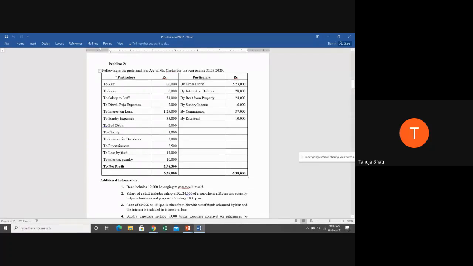Okay, let us begin. Following is the profit and loss account of Mr. Chetan for the year ended 31/3/2020. So when they say the following is a profit and loss account, then you need to know that on the debit side, that is on the left hand side, whatever items are being specified, they are your expenses, and on the right hand side, whatever items are specified, they are your incomes.